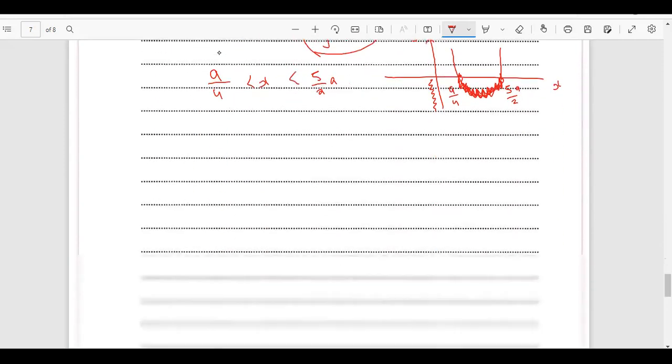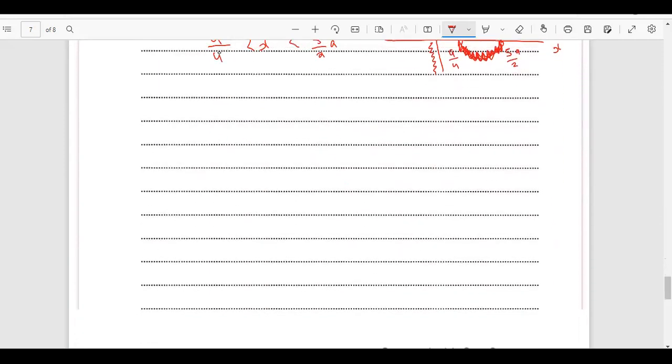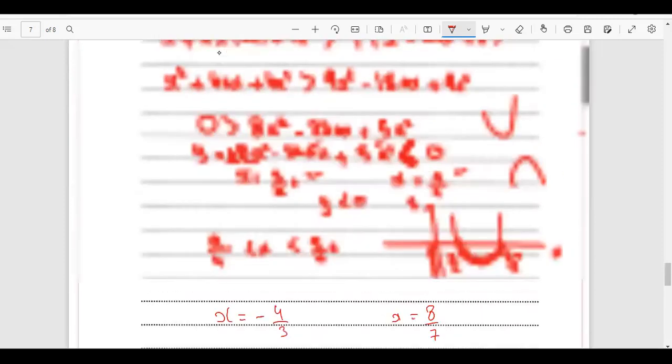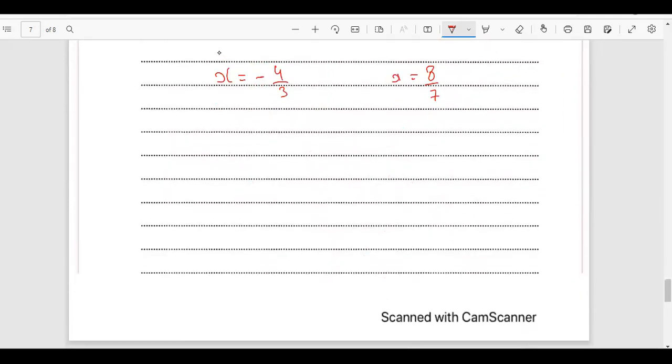So whatever the question was, the factors turned out to be x equals minus 4 by 3 and x equals 8 by 7, and the equation was 21x squared plus 4x minus 32 greater than 0, right?